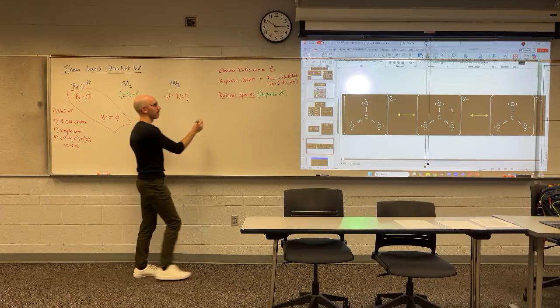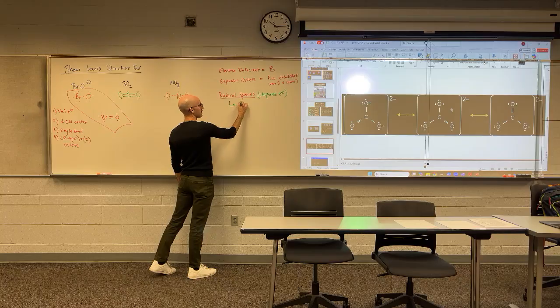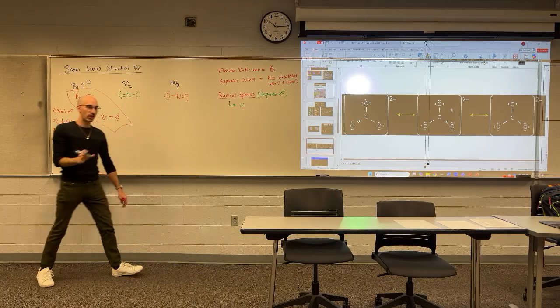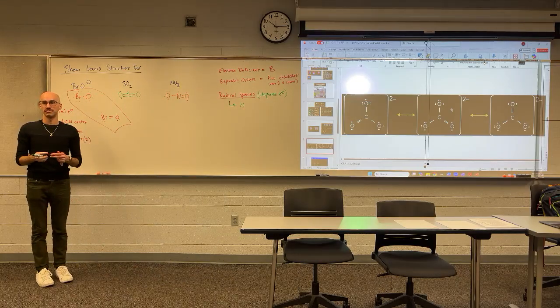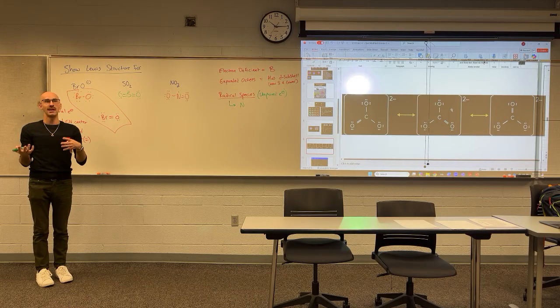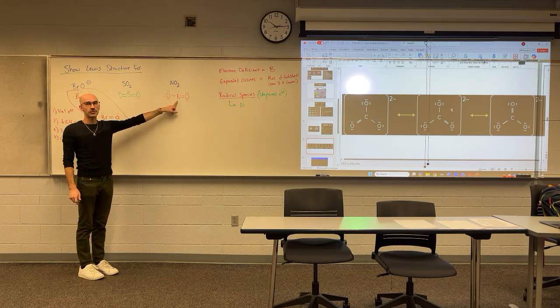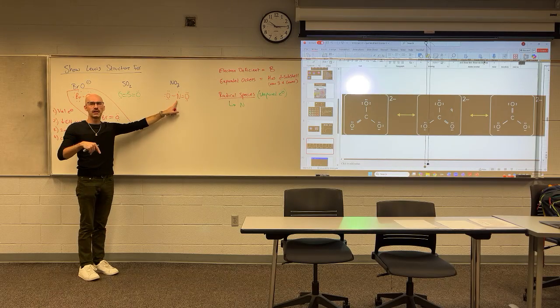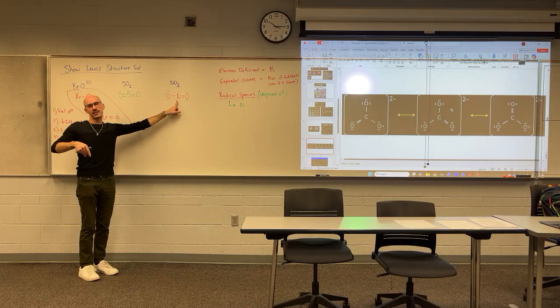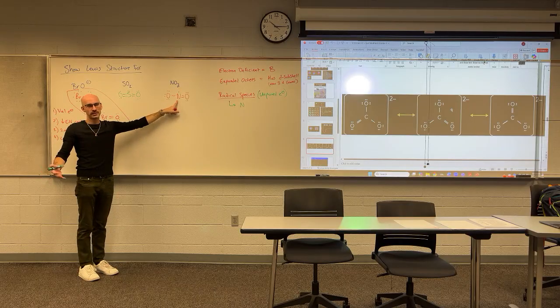The most common radical species that we're going to see in general chemistry is nitrogen. And it's because of nitrogen's odd position, having 5 valence electrons, trying to get to an octet. So in nitrogen dioxide, you'll see that nitrogen actually doesn't obey the octet rule. It is electron deficient, but it's not electron deficient in the same way that boron is.